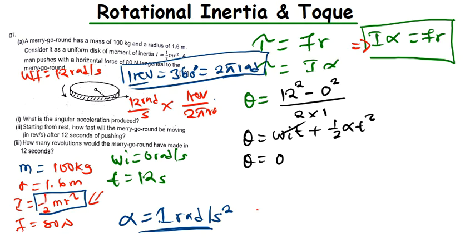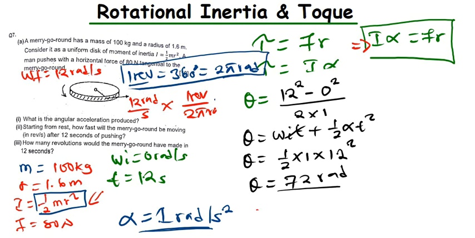So I have half, then the angular acceleration is 1, the time is 12, and we square it. 12 squared is 144, divided by 2 is 72 rad. So you convert this to revolutions, you find the same answer. So that is it for this question.